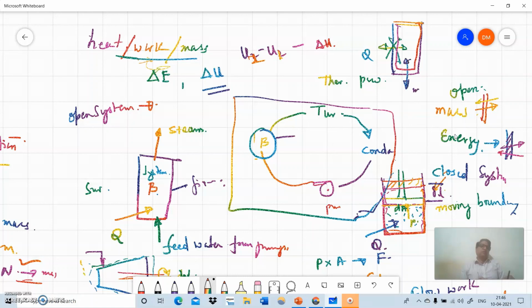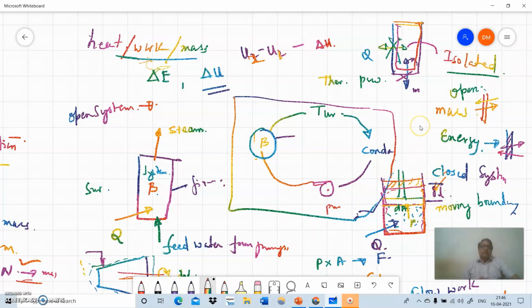Mass transfer is also not there. So in that case, this is an isolated system, completely isolated from the surroundings. So there is no interaction between the system and the surroundings. That kind of system is known as an isolated system.